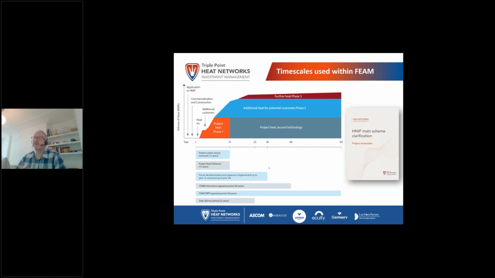Okay. So we often have a bit of a discussion about which of the customers are in the scheme and which are in future decarbonisation, and it pretty much comes down to the degree of certainty.